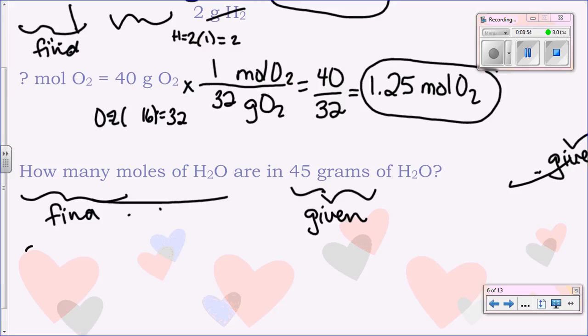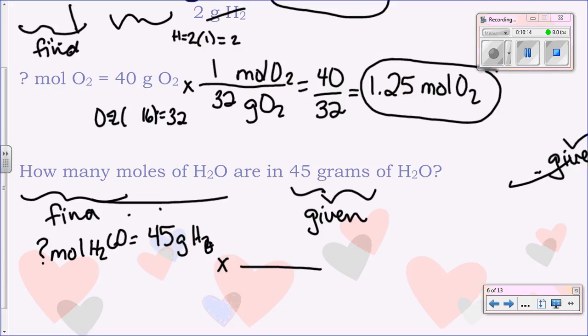So we're going to have how many moles of water, that's H2O, are in 45 grams of water. So if we want grams of water to cancel, grams of water will go down here, and moles of water will go here on the top.